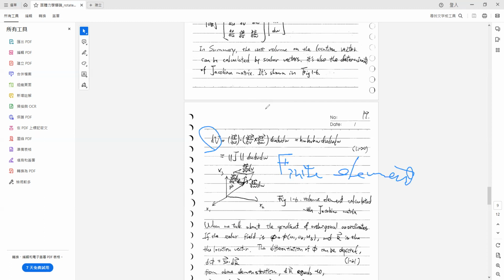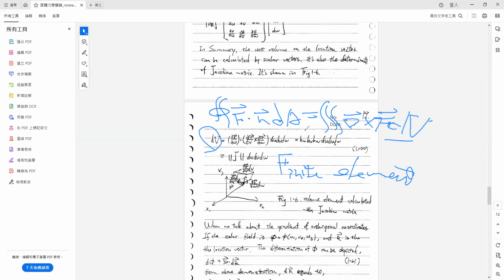Or we calculate the Gaussian elimination theory, like the closed integral of vector f dot vector n dA, which equals the 3D integration of the differential operator dot vector f dV. So when we calculate dA and dV in a different coordinate, we will use the Jacobian matrix.